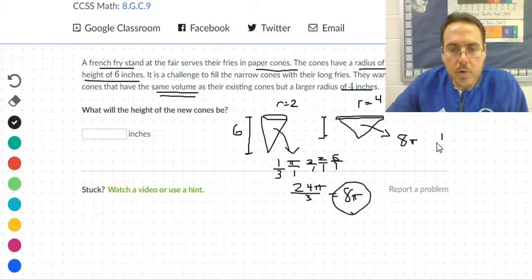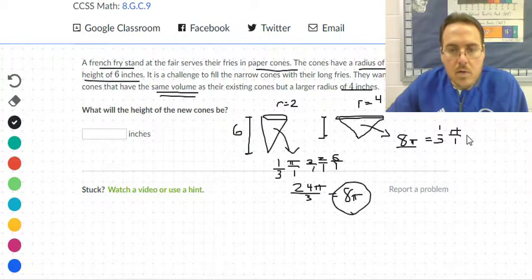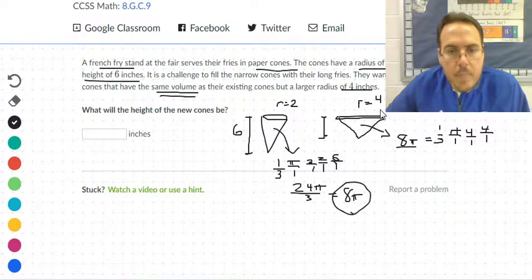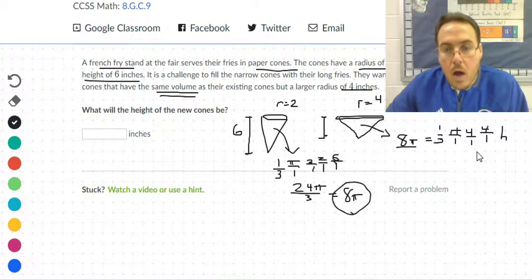Actually, let me back up. 8 pi is going to be equal to 1/3 times pi times 4 over 1 times 4 over 1, and then we don't know what the height is.